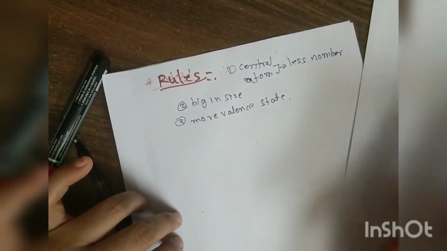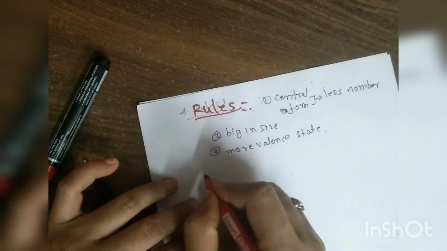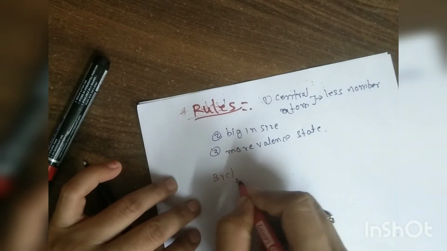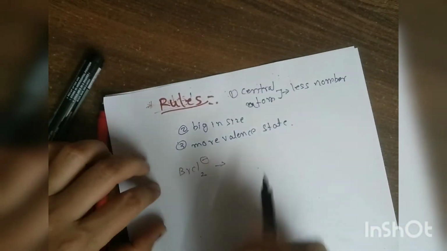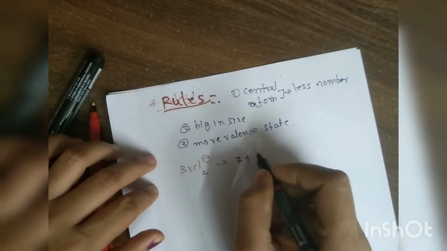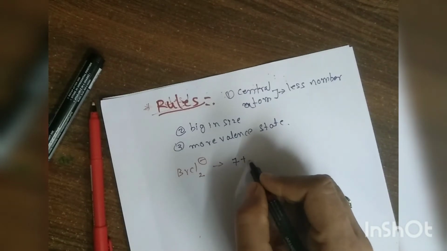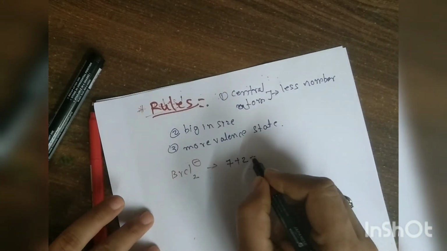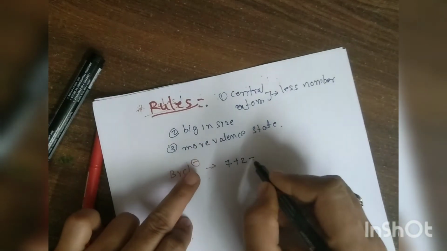So in this way we have taken the examples. Let's see another example, BrCl2 minus. What happened in this example? Bromine has 7 electrons in its valence shell. So for BrCl2, 7 plus chlorine is 2, and 1 negative charge means we have to add 1.